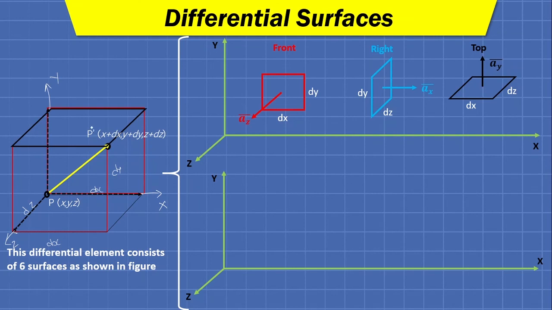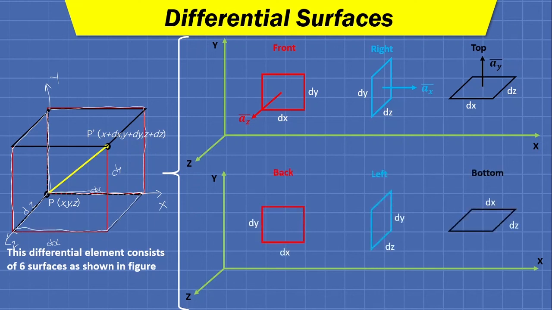The remaining surfaces are the back surface, that is this one, the left surface, that is this one, and the bottom surface, which is lying on the xz plane. Fine. So another three surfaces are back, left and bottom surface. Total 6 differential surfaces are there in this element.